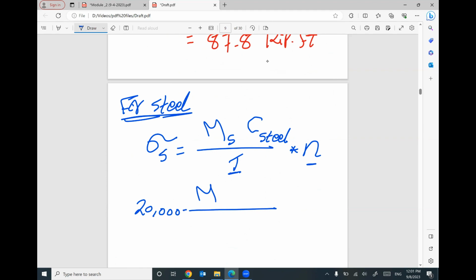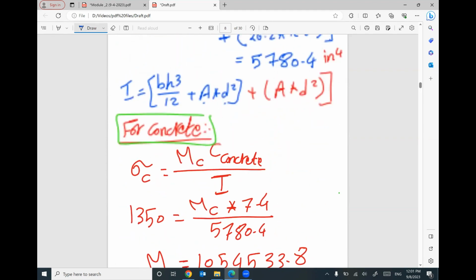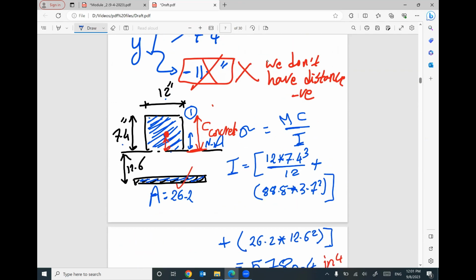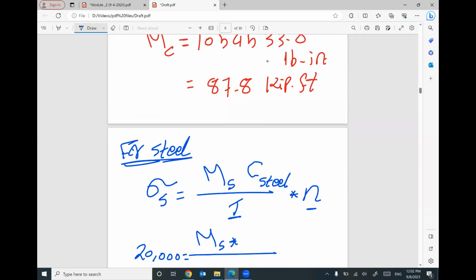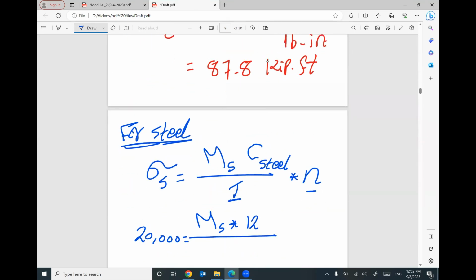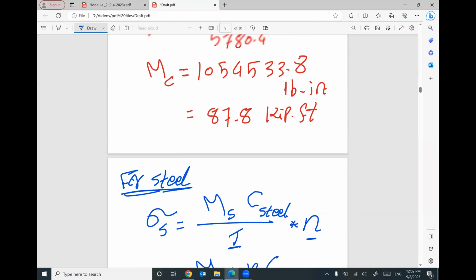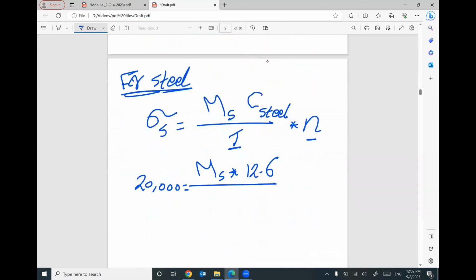Moment regarding steel, I don't know. The distance for steel is the vertical distance between the neutral axis and your steel at the bottom, because this one is originally steel, so it's 12.6. The value of I is 5,780.4. What was the value of N, the modular ratio? 8.3.